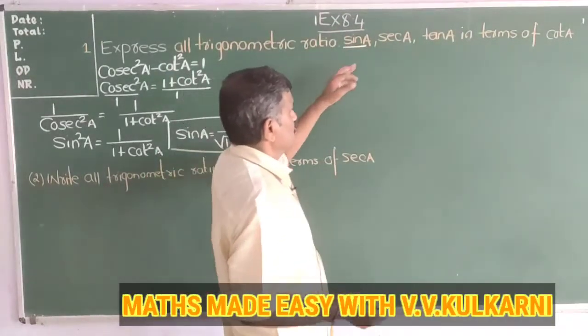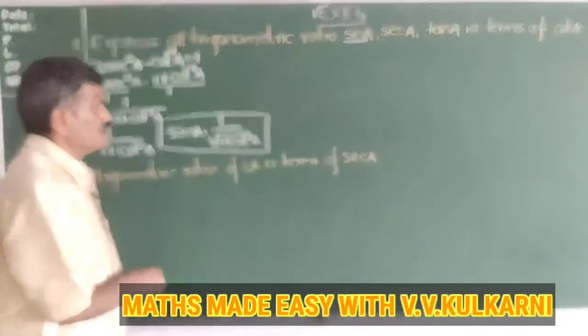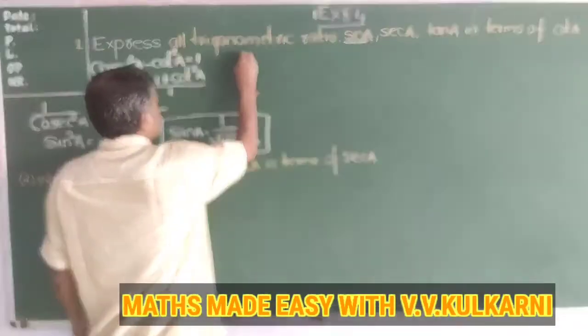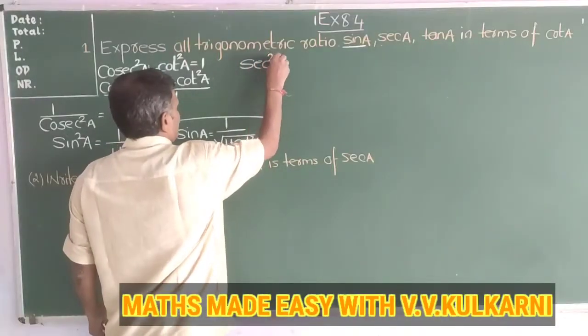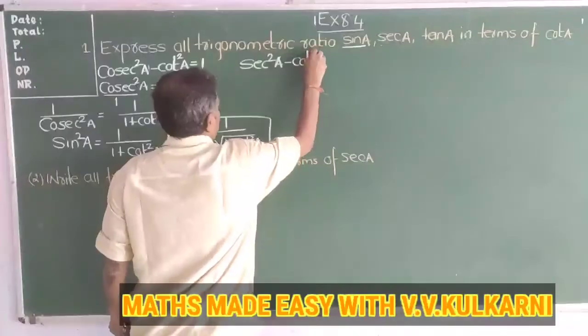Now the next is sec, which also should be converted in terms of cot. That is, cot should come in place of sec. So how will cot come? Secant square A minus cot square A is equal to 1.